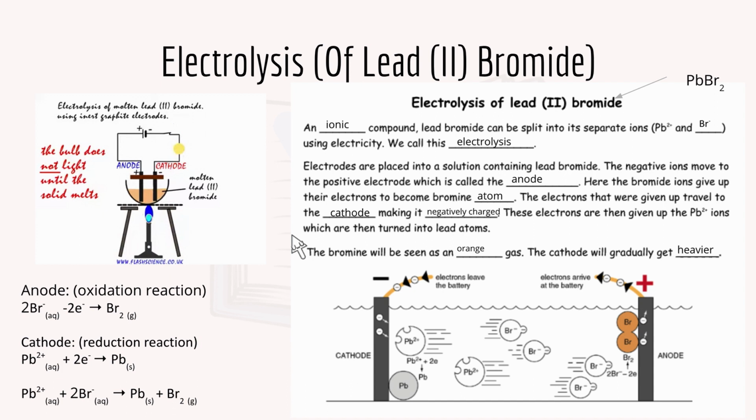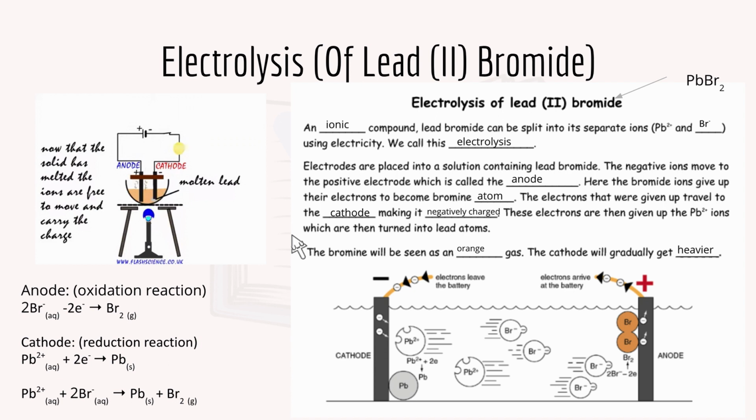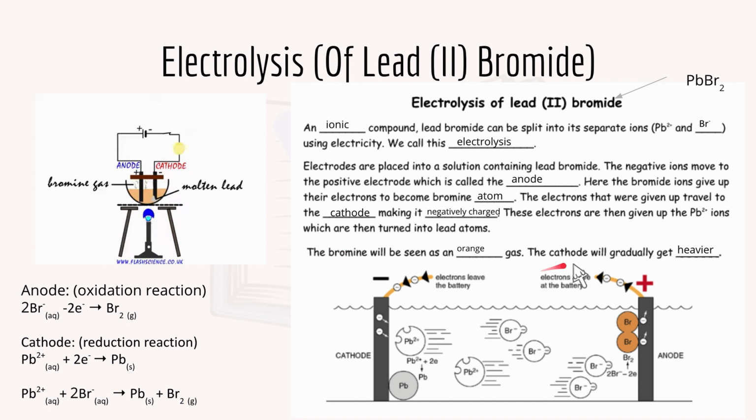And here, the bromide ions give up their electrons to become bromine atoms. And the electrons that were given up travel to the cathode, making it negatively charged. These electrons are then given up to the Pb2+ ions, which are then turned into lead atoms. And the bromine will be seen as an orange gas, and the cathode will eventually get heavier due to the formation of lead, Pb. And here at the anode is where oxidation happens.